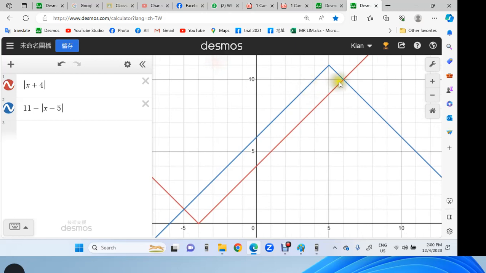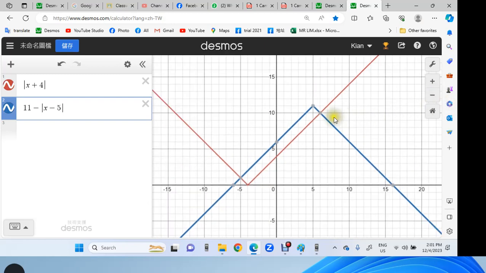Then we have this and this. So I zoom in, something looks like this. The details about drawing graphically, we will discuss later. So for today's lesson, until this.